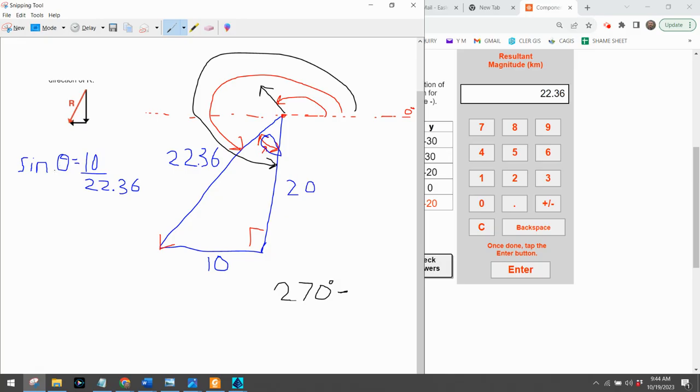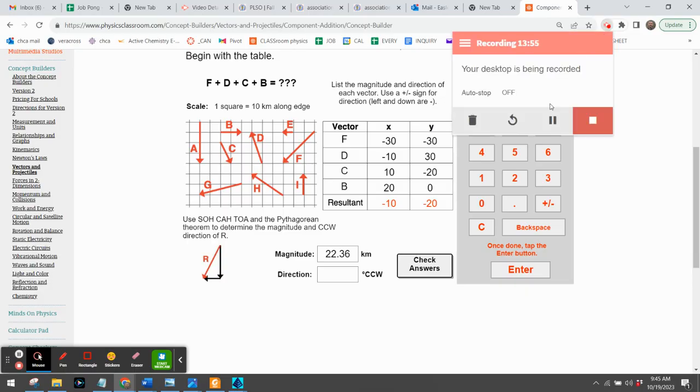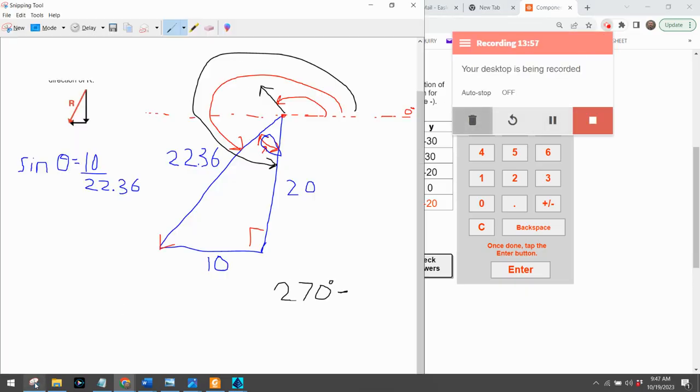So in my case, pause this while I get my calculator. In my case, over here, I find that theta is equal to 26.57.